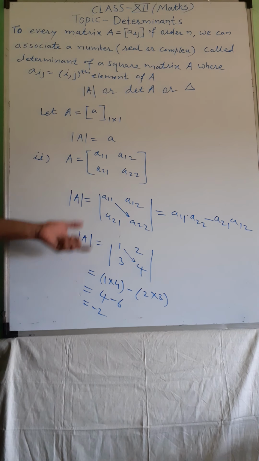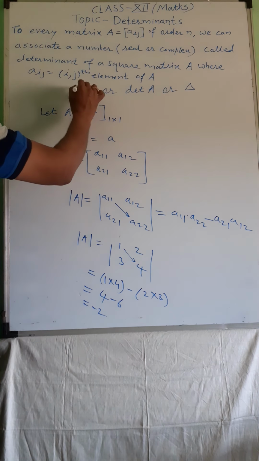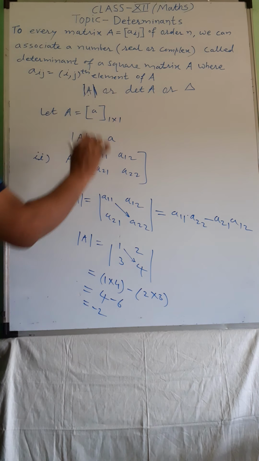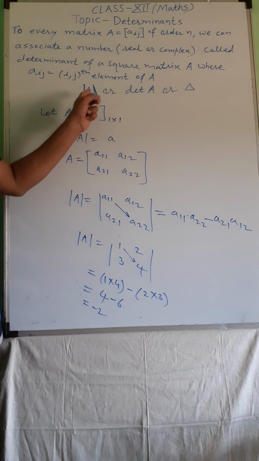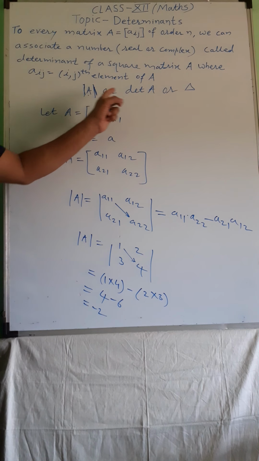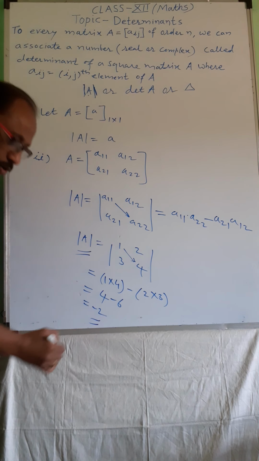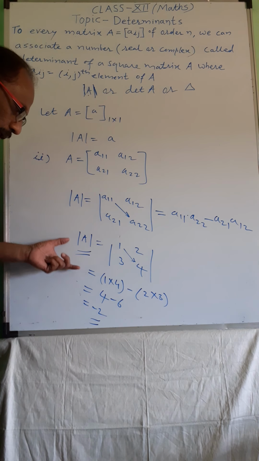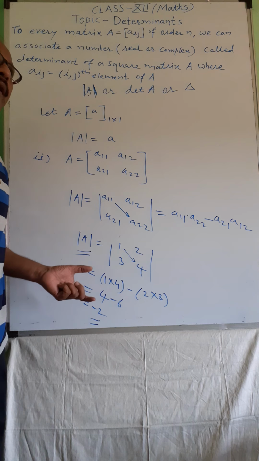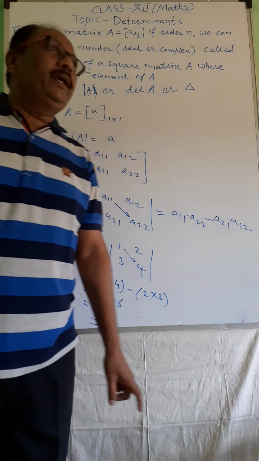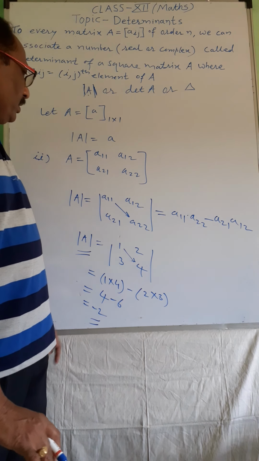I already told you that determinant is written with two vertical lines, and it is not the modulus of A. The modulus is never negative, but a determinant may be positive, negative, or 0.